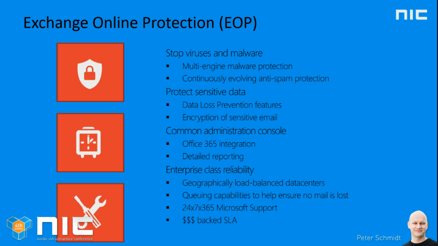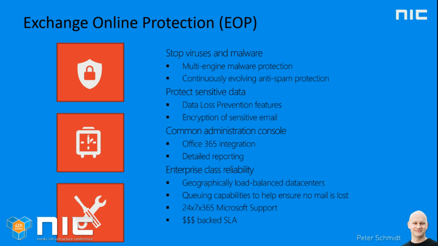There are also some of the features known from Exchange 2013, which can help you protect your sensitive data in your organization, like the data loss prevention features, the DLP features. There are also features where you can set up policies that in the end help you protect your data so you don't have information slipping out of mail, like credit card information, social security IDs and stuff like that.